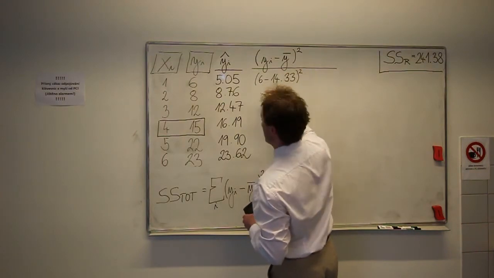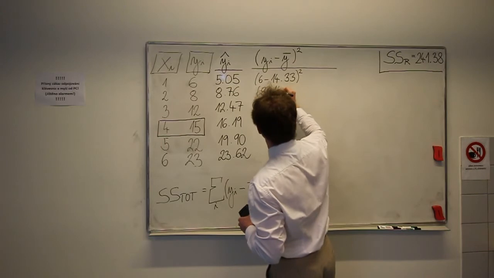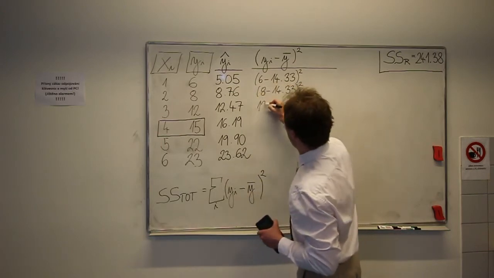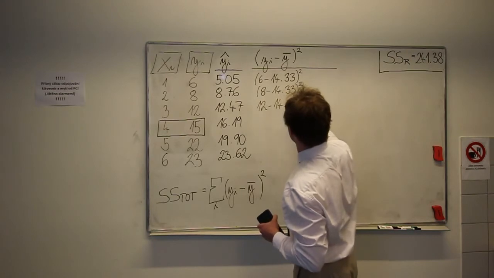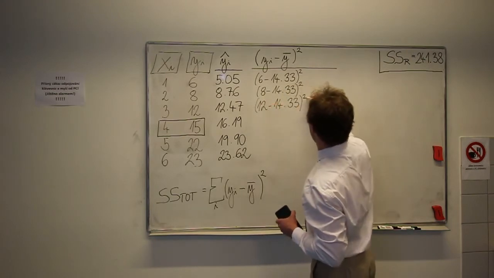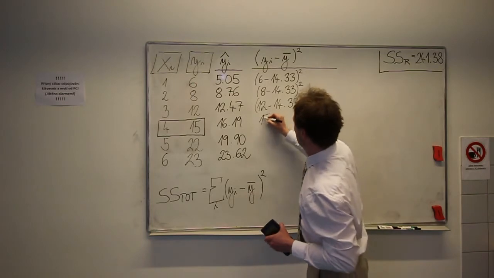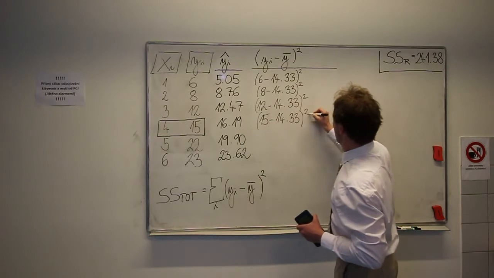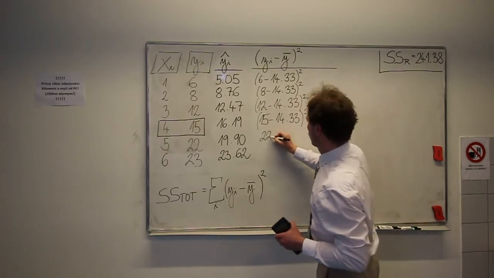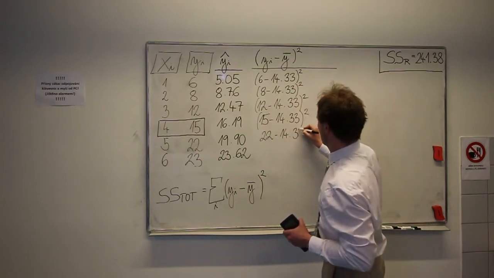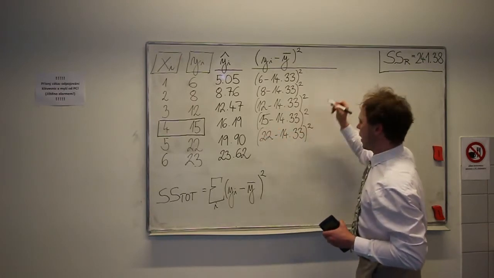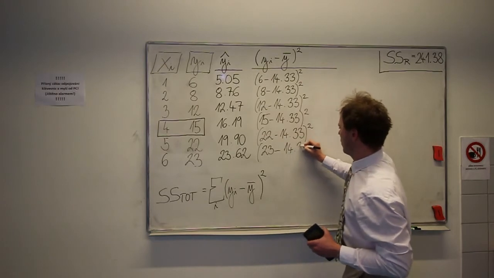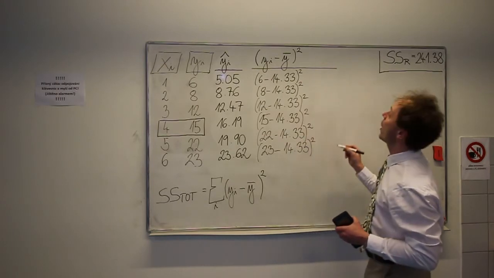Here we can write 6 minus 14.33 squared, 8 minus 14.33 squared, 12 minus 14.33 squared, 15 minus 14.33 squared, 22 minus 14.33 squared, and 23 minus 14.33 squared.